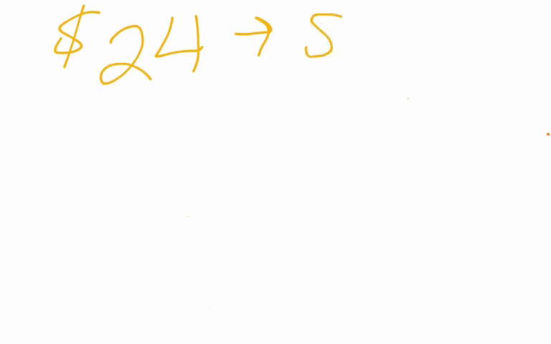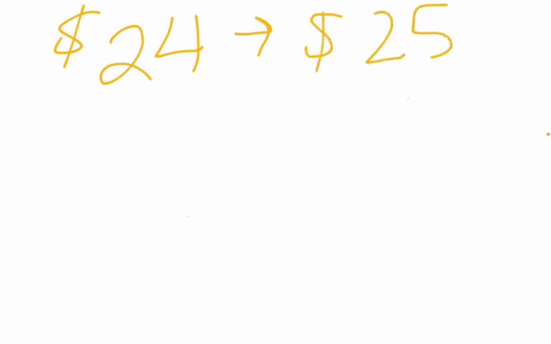Alright, so let's do example number 2, because we already did example number 1. Use compatible numbers to estimate the cost of 4 board games at $24 each. So they're $24 each, for real. But we know that we're going to think about it in quarters.